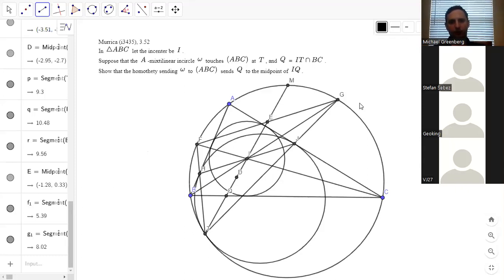It's kind of weird, but Q is sent to D. Maybe we could use ratios. So we could try to show TQ over TD is TI over TM or something, or TI over TE.